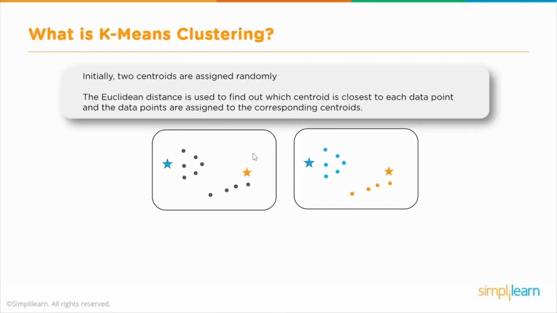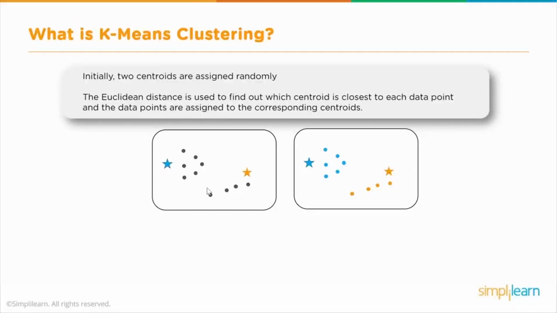The next step is to determine the distance of each of the data points from each of the randomly assigned centroids. So for example, we take this point and find the distance from this centroid and the distance from this centroid. This point is taken and the distance is found from this centroid and this centroid, and so on and so forth.